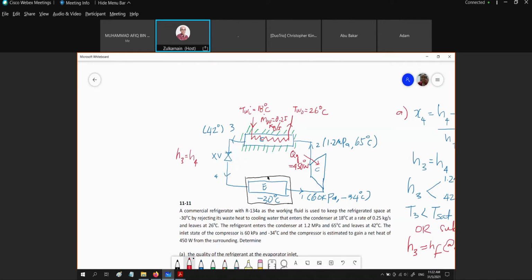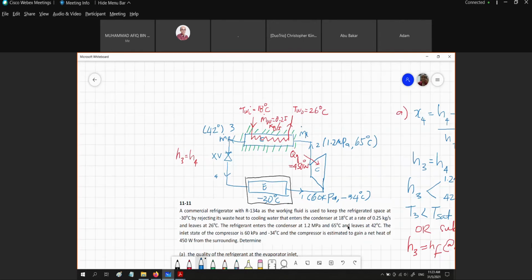What is coming in to the condenser as far as the refrigerant is concerned is M dot R, and the outlet right here is M dot R. So inlet: M dot R H2 plus M dot W H I equals outlet: M dot R H3 plus M dot W H naught of the cooling water.